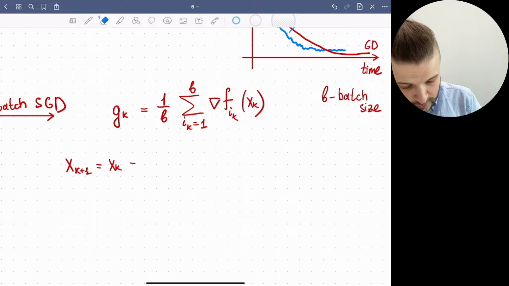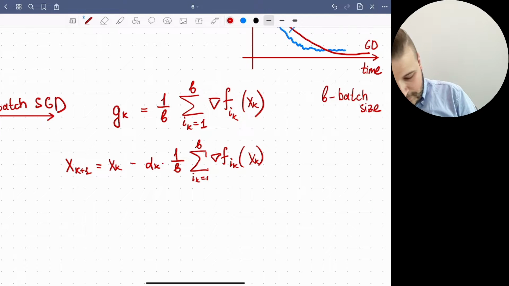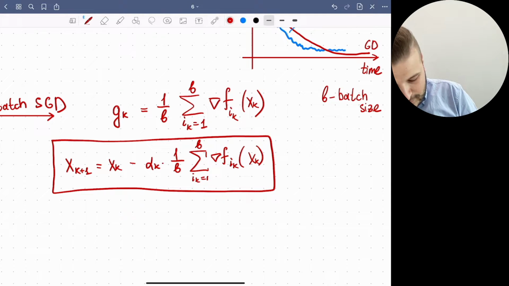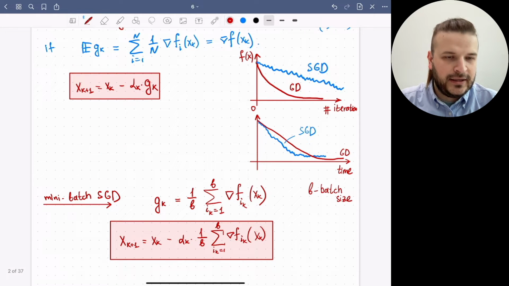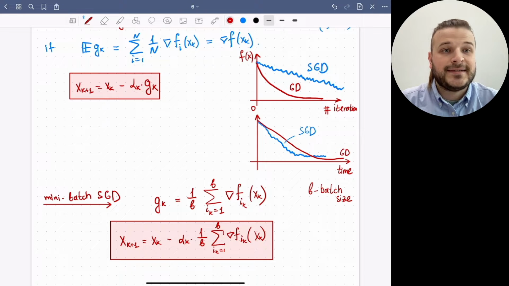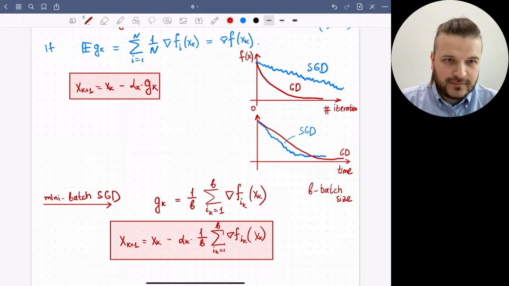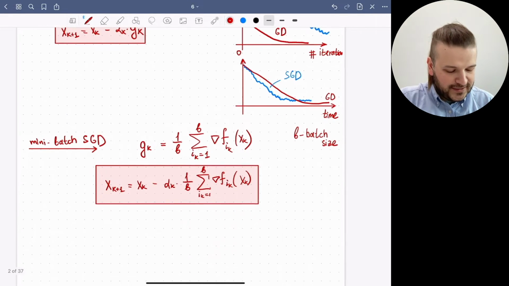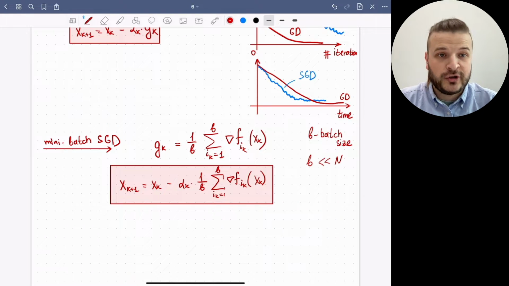Again, the idea is to estimate the finite sum using not a single term from the sum, but some subset of the initial sum, which is significantly less in terms of the number of summands, which means that b is significantly less than the original number n.